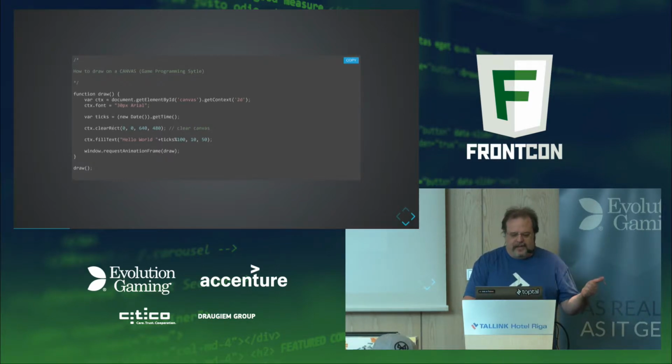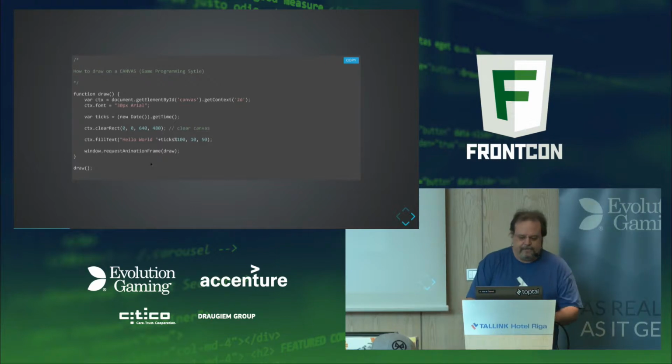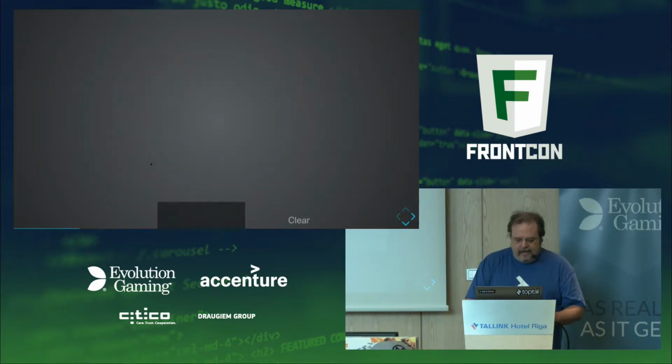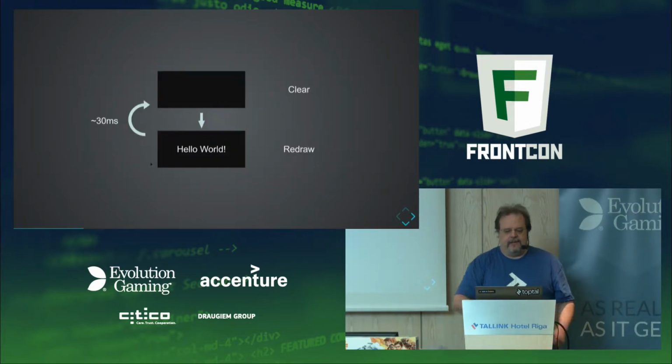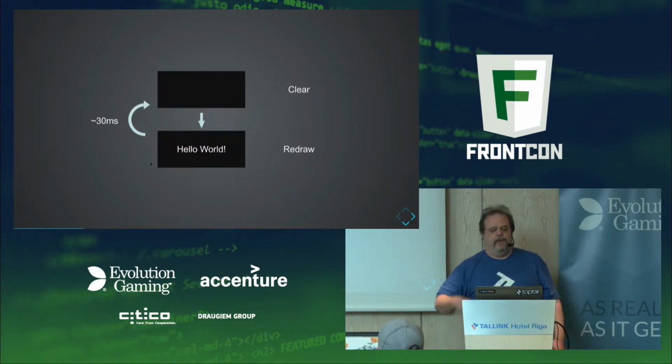The way to do this is using this API call, requestAnimationFrame, which is a JavaScript API that gets called every time a frame of your game has been printed, so you can take some time, calculate, and then it gets printed again. So this is basically how it works: every 30 milliseconds, you clear, you redraw, and you go back.